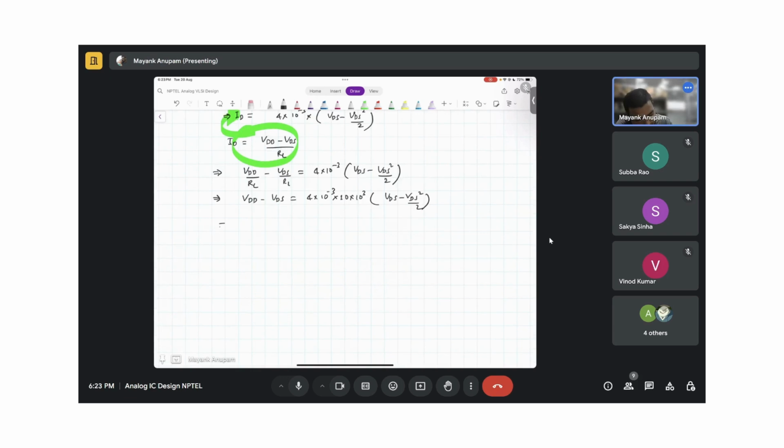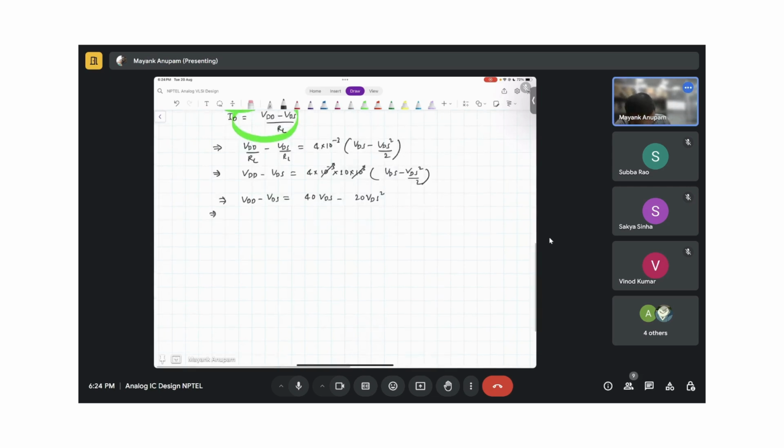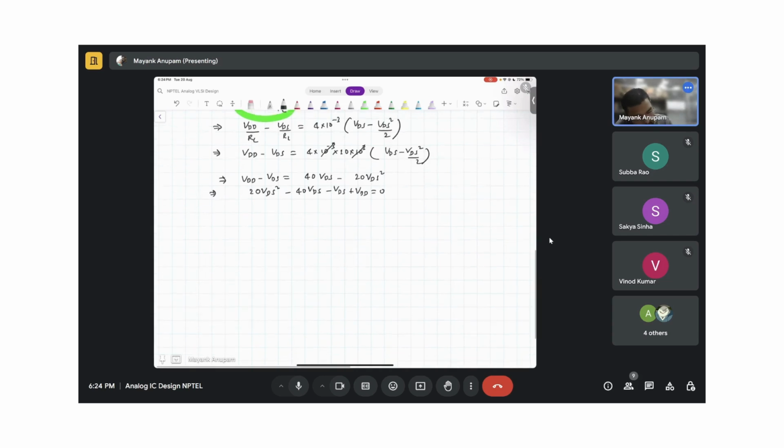So this is equal to VDS minus VDS square upon 2. Now it is VDD minus VDS is equal to 40 times VDS minus 20 times VDS square, correct? Putting everything in the LHS only, we have 20 times VDS square minus 40 times VDS minus VDS plus VDD equals 0, right?